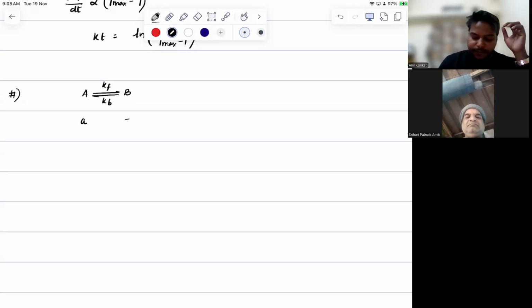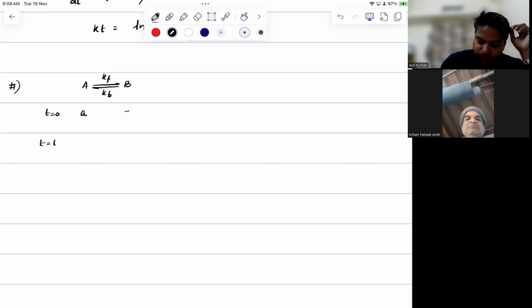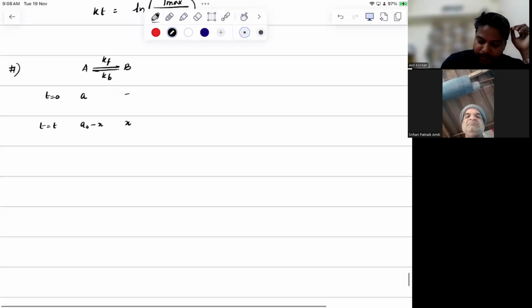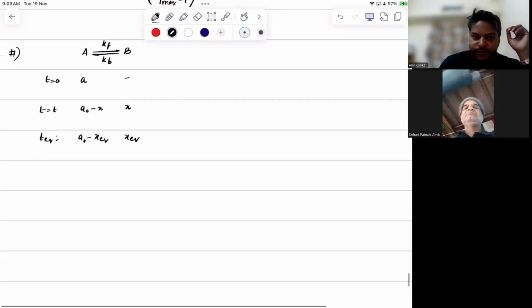Right. So at time t equal to 0, and at t equal to t, this will become a naught minus x and x. And at equilibrium, the concentrations will be constant, and let the change be x eq.